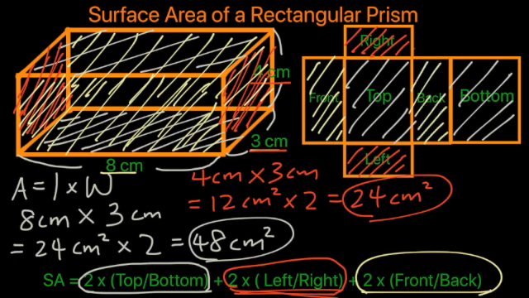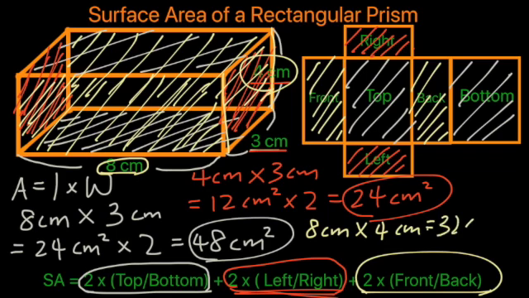So the front, we see that it's 8, and then we need this portion, which is the same as the 4 cm. So we're taking 8 cm times 4 cm equals 32 cm squared. Then with that, we multiply by 2. There's 2 panels. We get 64 cm squared.